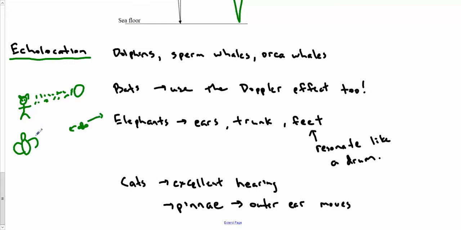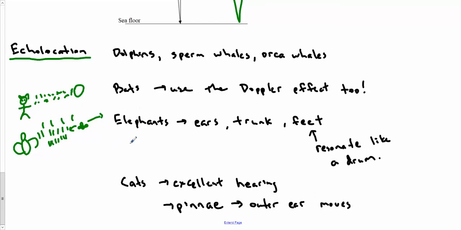If this bat sends out sound and this thing is moving towards it, the sound waves that bounce back to the bat would be closer together, higher frequency, because we've already learned about the Doppler effect. If this little mosquito is moving away, the sound waves that move back to the bat would be further apart. So it can actually tell which direction it's moving based on the change of frequency of its own sound coming back to it.